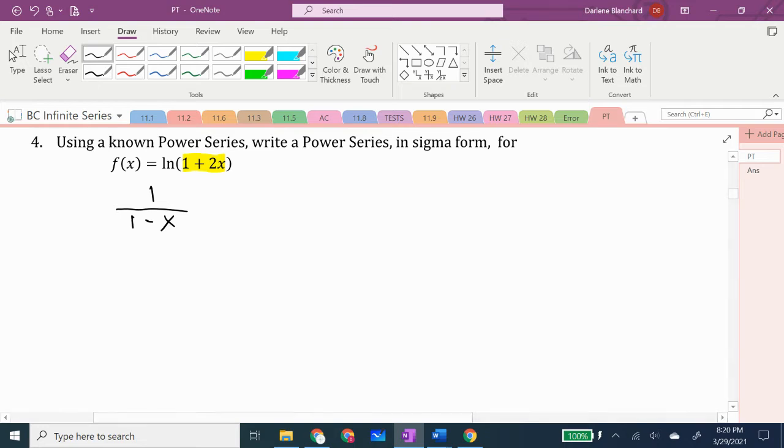I can make it 1 plus 2x by substituting in a negative 2x. So then I'm going to demonstrate the substituting in of negative 2x.